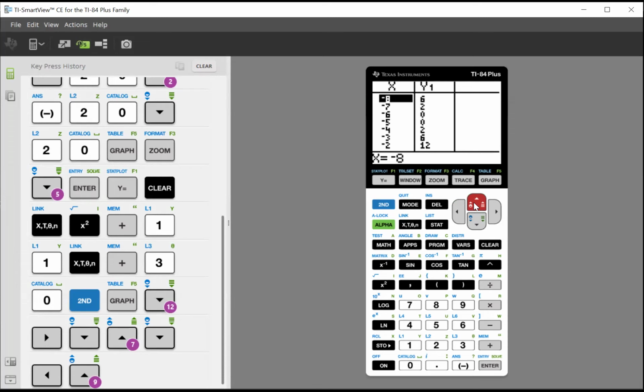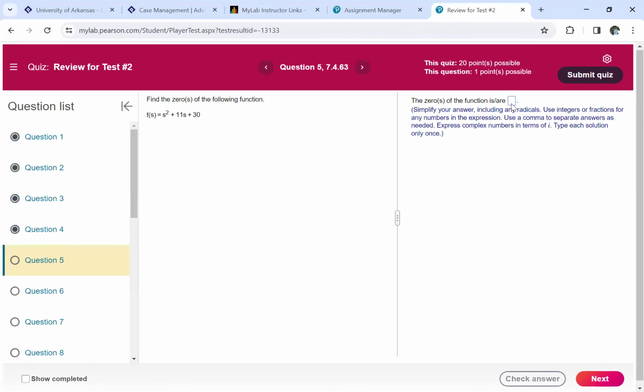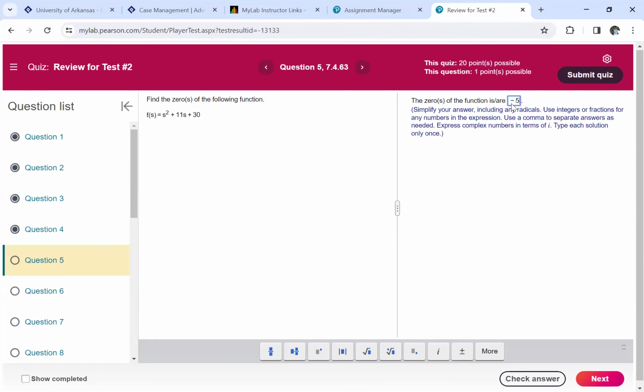So, since those two y values are 0, I would pick -5 and -6 doing that way, okay? So we would come over here and put in -5, comma, -6. And then go next.